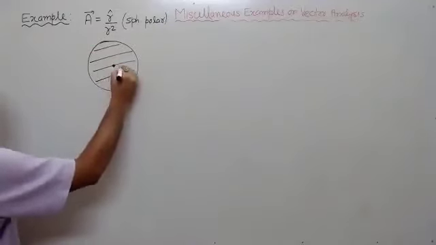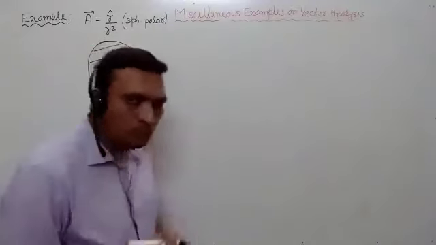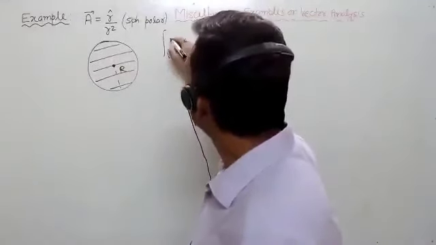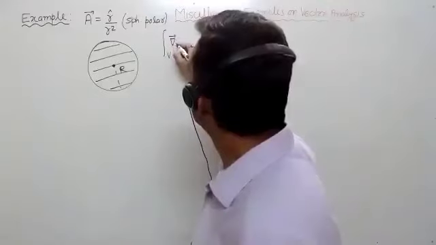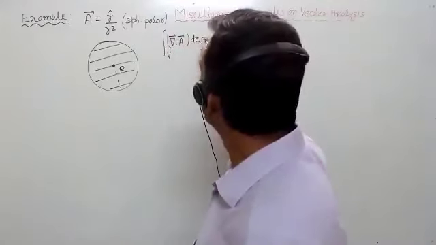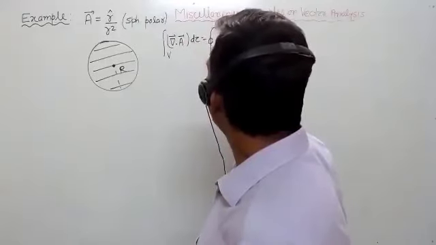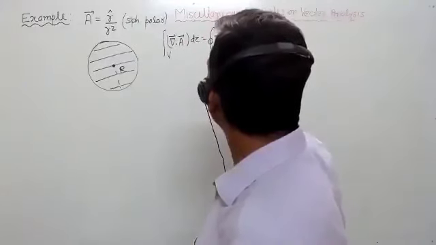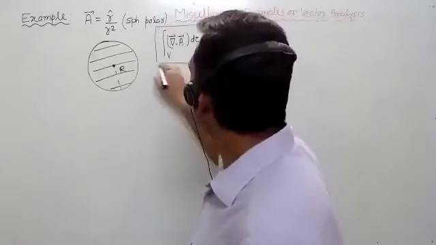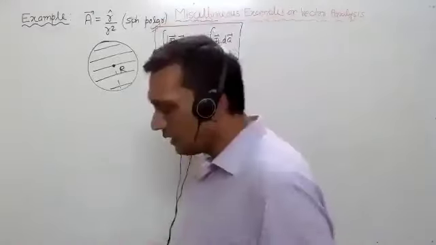This radius is r. You have to verify divergence theorem. Let us verify divergence theorem. Divergence A d tau is closed A dot dA. For this volume, verify the divergence theorem.